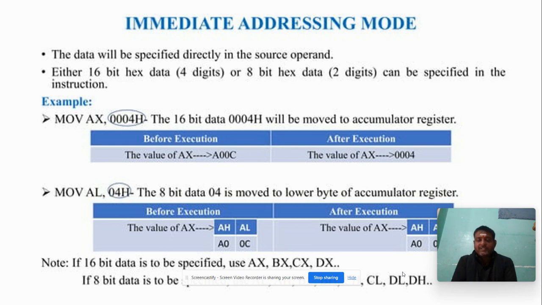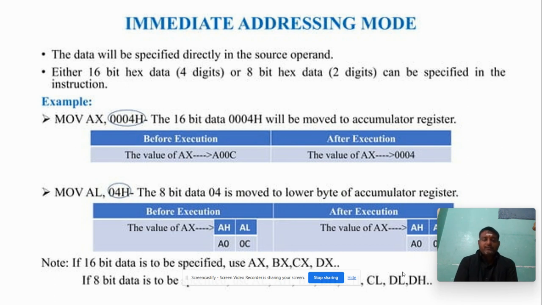After execution of this instruction, AH is 0A. This is the higher order byte data. In that instruction, we are using only the AL register, so AL changes from 0C to 04. This is immediate addressing.